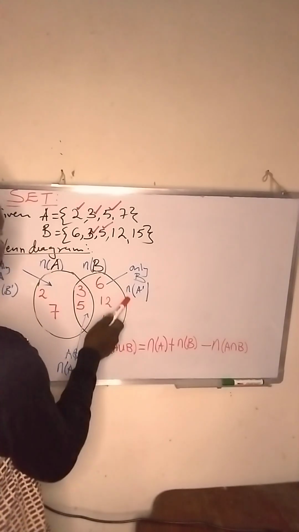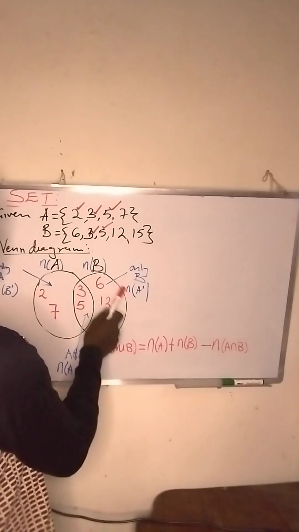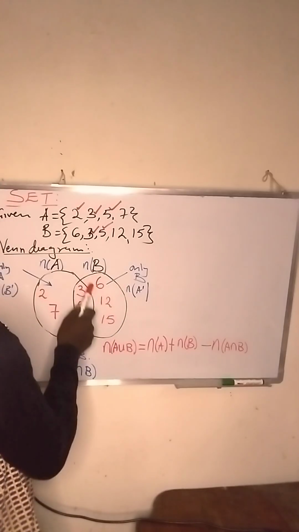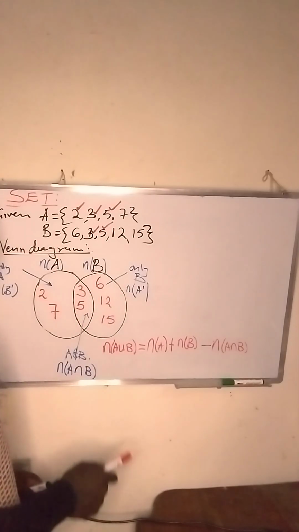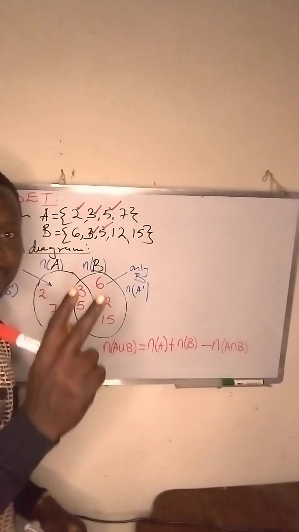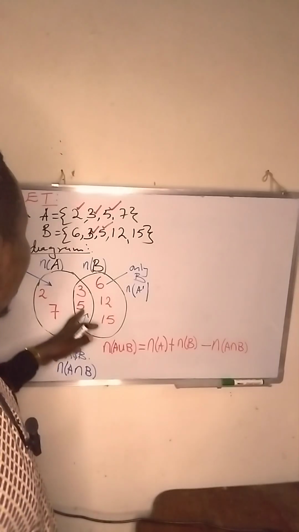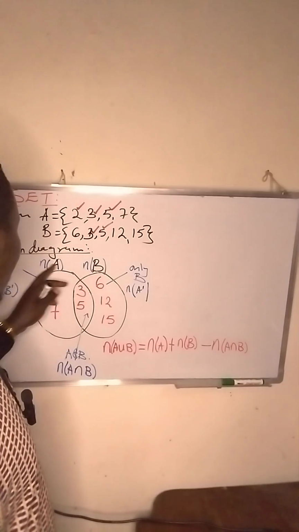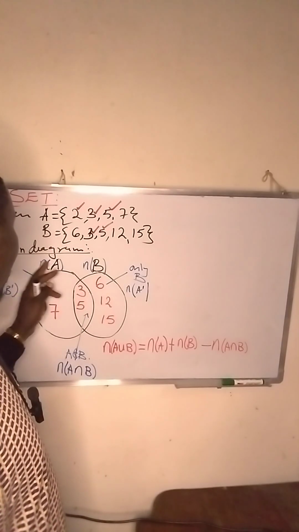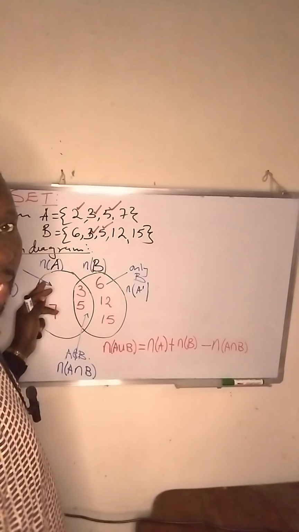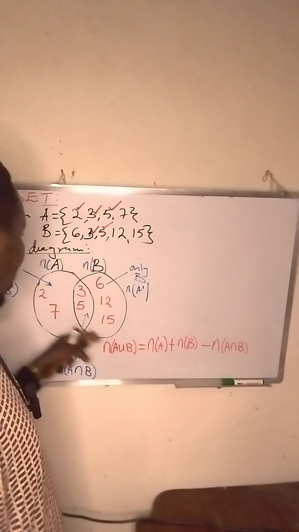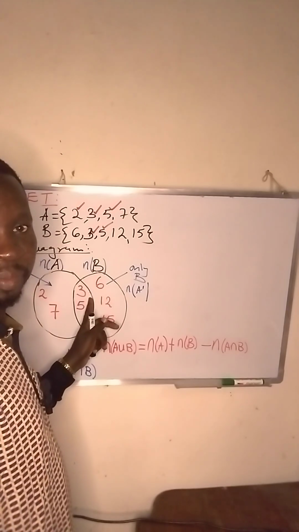Then when you add on the whole of set B also, the members within this intersection part you have counted twice. You counted them when dealing with the number of elements in set A, but when you add on set B, you are repeating the members here.